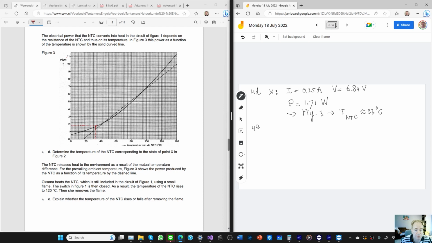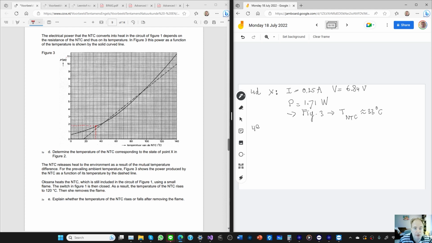They call that being produced. Oksana heats the NTC using a flame. The switch is closed, and as a result, the temperature of the NTC rises to 120 degrees Celsius. Then she removes the flame. So, explain whether the temperature of the NTC rises or falls after removing the flame.